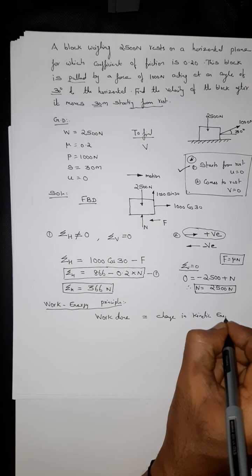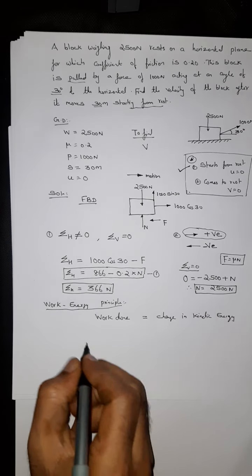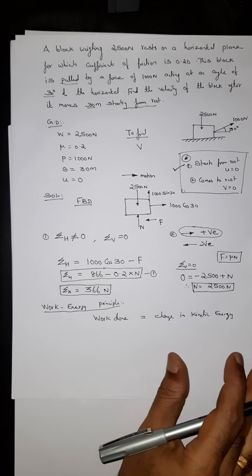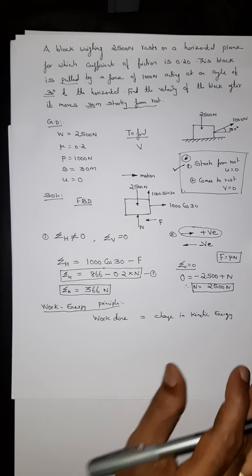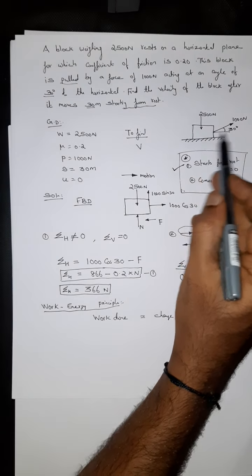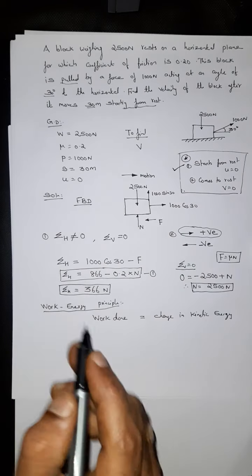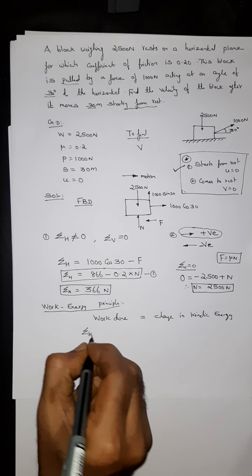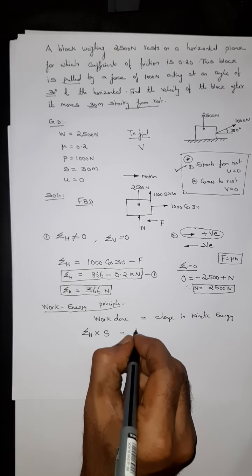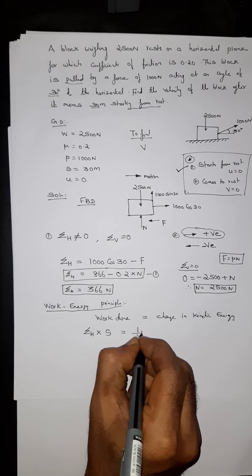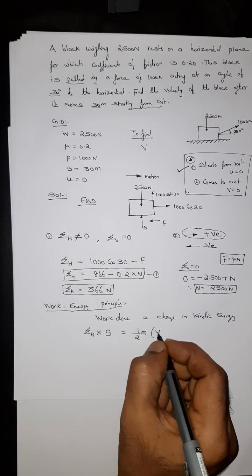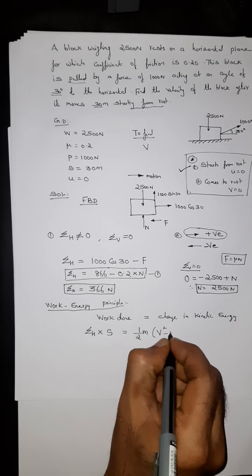Work done is nothing but force into displacement or distance. Force, which is summation H, because the object is moving in the horizontal direction. So summation H into S, where S is the displacement, equals the change in kinetic energy, which is 1/2 into mass of the object into V square minus U square.